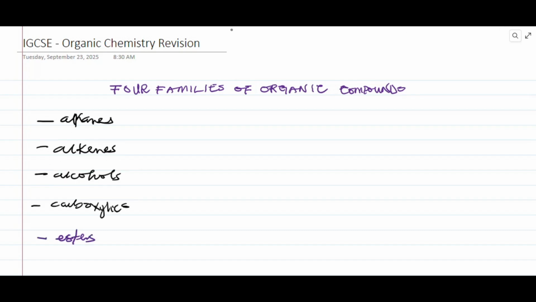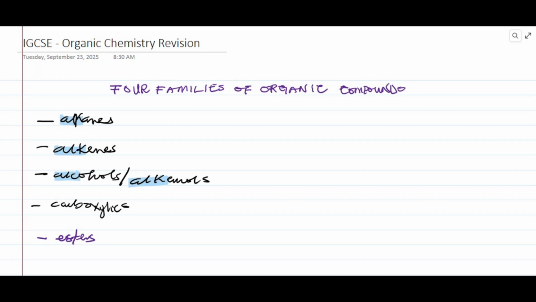We can identify the name of a family in two ways. If you look at the family name, it can be divided into two parts. The alk part, as in alkane and alkene, and then we have the alcohol. In fact, alcohols have another name that reflects this alk as well. Alcohols are also called alkanols. So we have alk in this name as well.